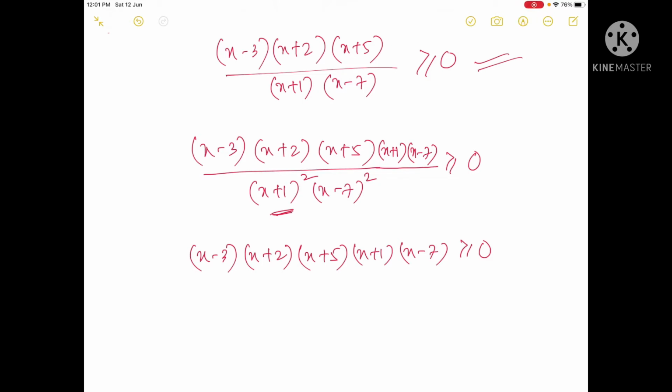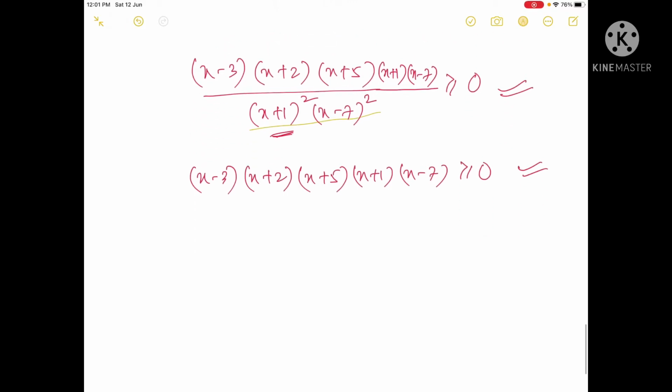It will not depend on the denominator now, since we intentionally made the denominator positive. Now the sign of this expression only depends on the numerator.